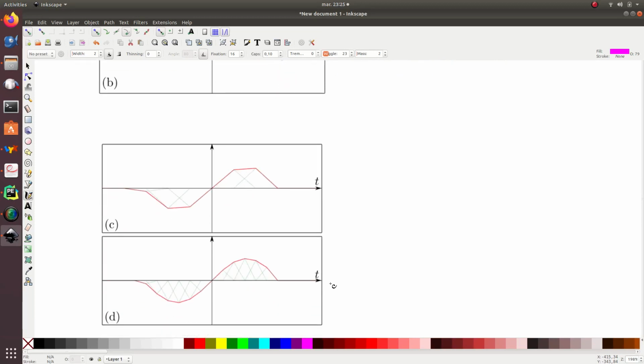For instance, if I want to represent the sine function, f of x equal sine of x, here it's of t, then I can see that if I sum all the green triangles, I will obtain the red function. If I have a different sampling time, the sum of the green functions will almost represent the sine function.